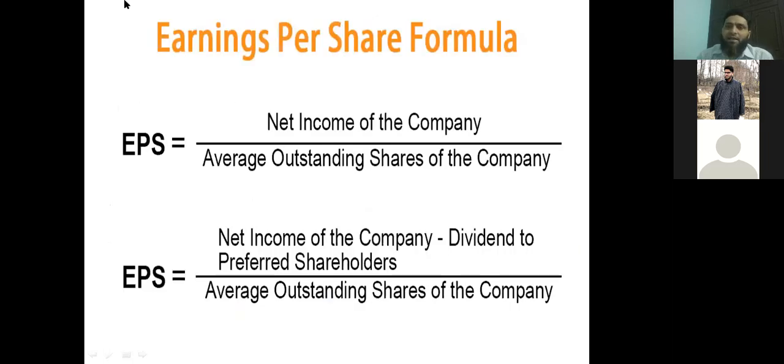Whatever is the earning left for equity shareholders, the entire earning is not distributed to equity shareholders. A certain amount is distributed and a certain amount is kept in the form of reserve.